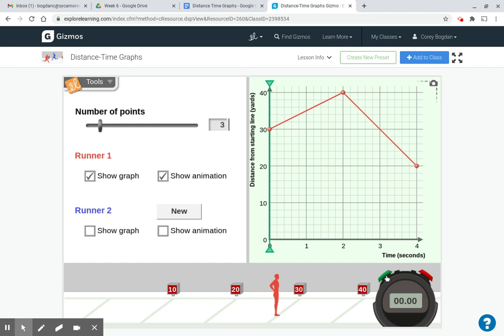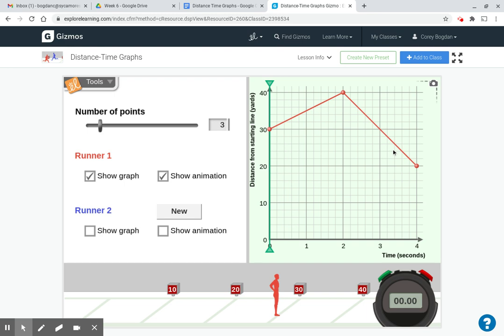So now when I click play, because my y-intercept is at the 30-yard line, this runner is going to start at the 30, run to the 40-yard line. So I'll see the runner go to the 40-yard line, and then I will see the runner scramble backwards. That makes sense because this is a downhill line.